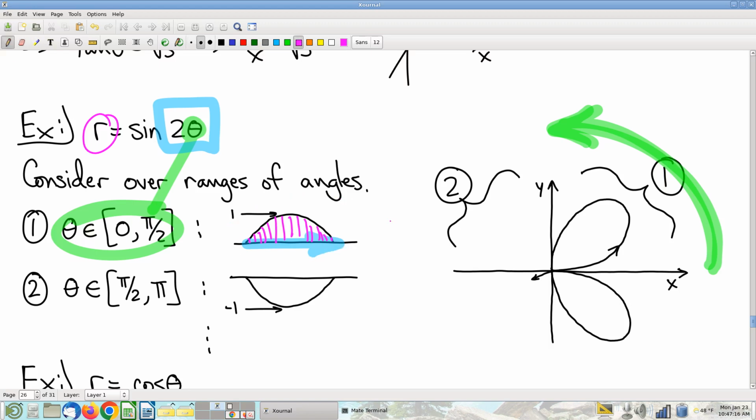It starts off with the angle low and r being low, and as the angle increases, the r increases, and then as I approach the end, the r starts to go back down again. And that traces out a curve going like that. What do you think? Everybody see how I did that?